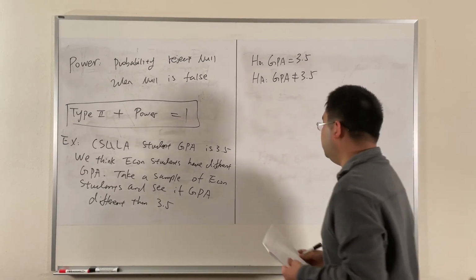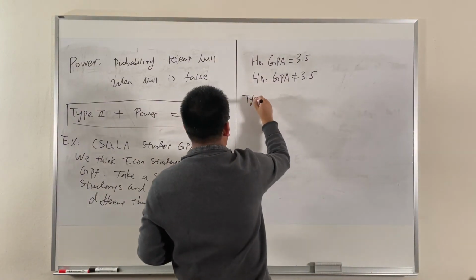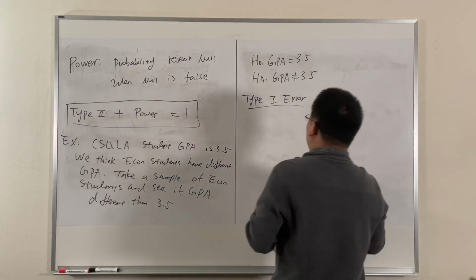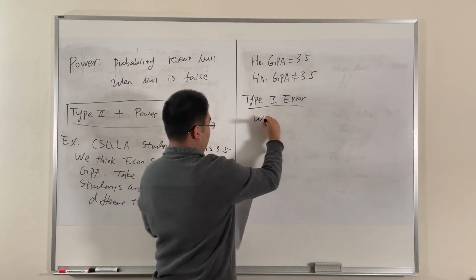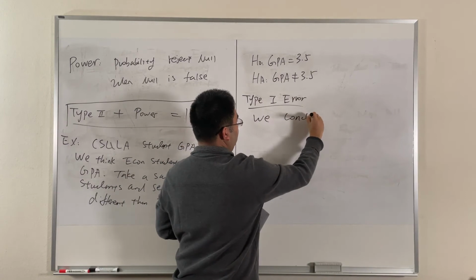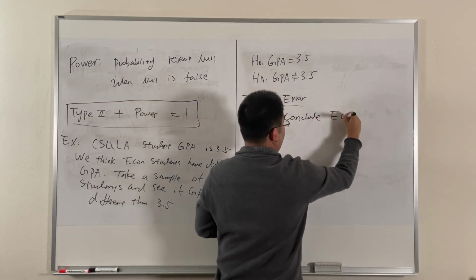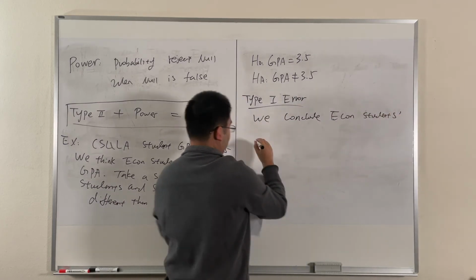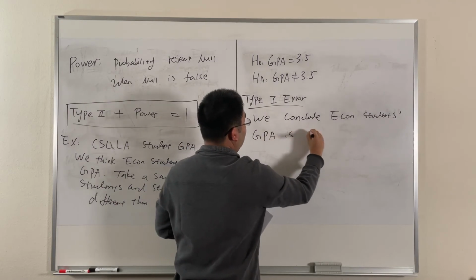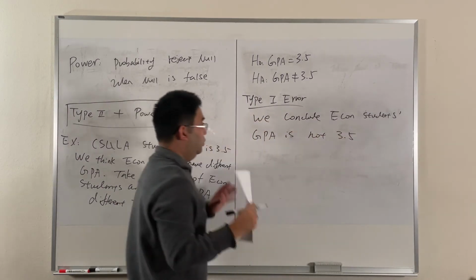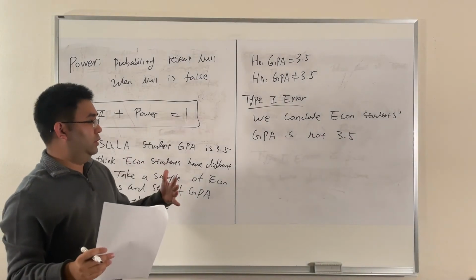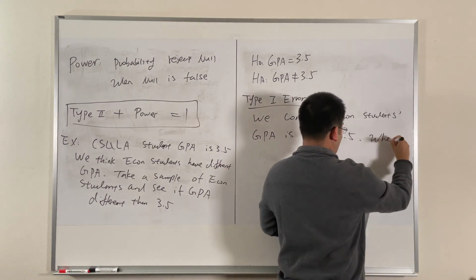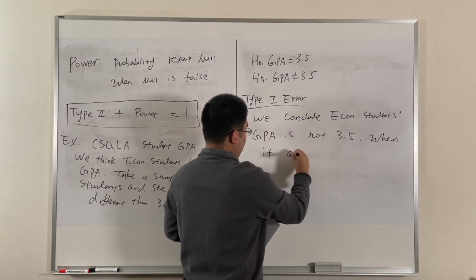Let me give you an example of a type 1 error. Type 1 error in this case is we conclude that econ students' GPA is not 3.5, when it actually is.